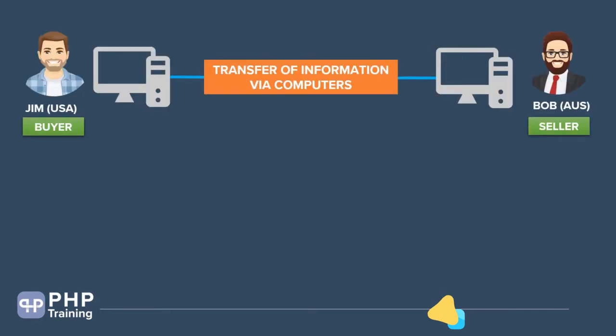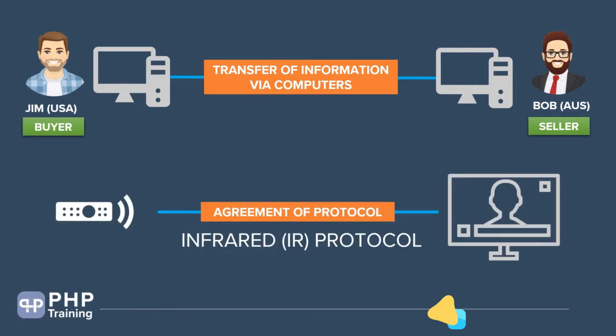Let's look at this example of transfer of information via computers. We said that we will use the TCP/IP protocol, which helps you transfer information from one computer to another. Let's take the example of your TV remote and your TV, where we agree on a protocol, say the infrared protocol, used to communicate between them. That's not a problem, so communication can happen and you can control your TV with your remote.